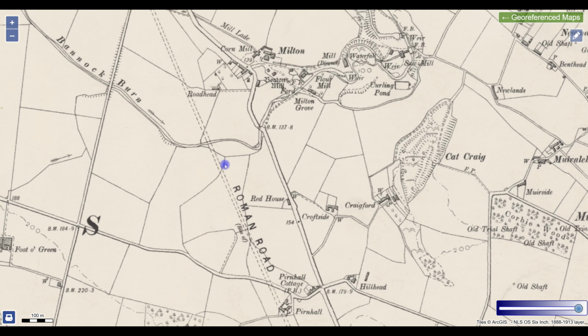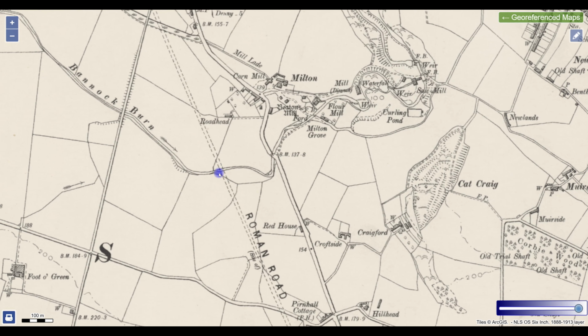You can see where it crossed the Bannockburn here on the map, just to the left of the Milton Ford. Now, this is quite a gorge-like area in here. It's quite a ravine, and it would be difficult to get a bridge across there. But the Romans were excellent engineers, and I'm sure if they had wished to do so, they would have got a bridge across there. Was that still in place in 1314?